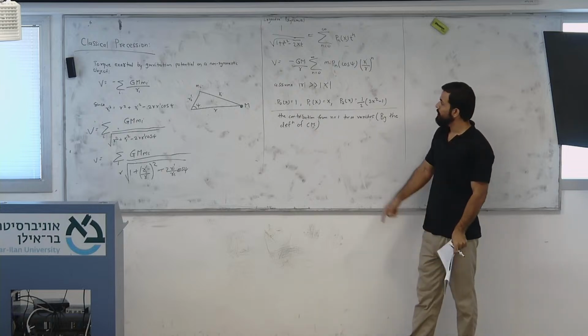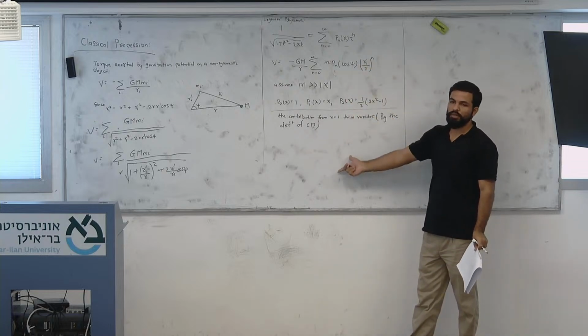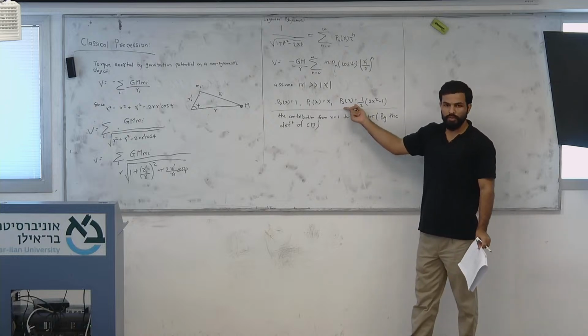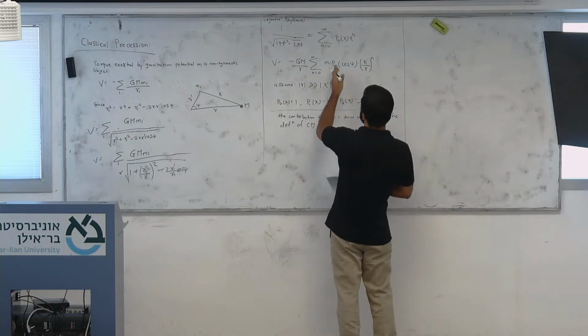So what I am going to do is only write the n equals 2 term. Okay, good. So let's write it down.